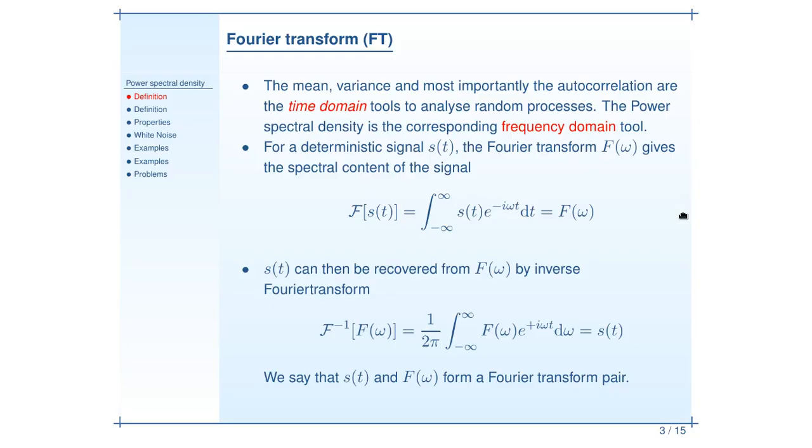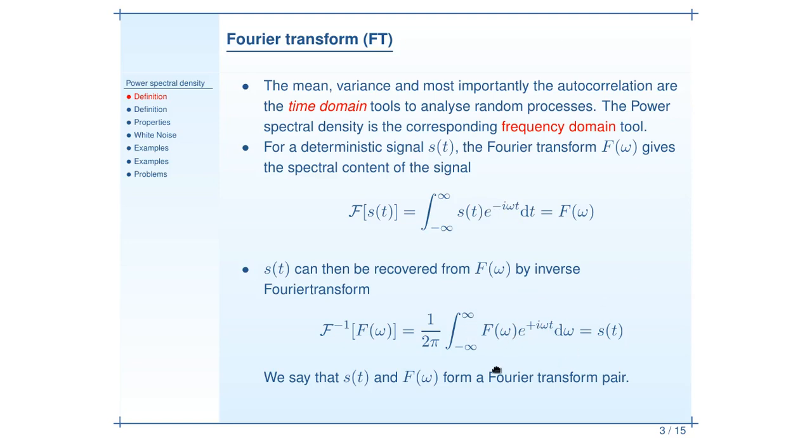Then we can recover the original function s(t) by doing an inverse Fourier transform. That is, if you have the Fourier transform, you multiply it by e raised to plus i omega t. Here it was minus i omega t, but in the inverse Fourier transform it is plus i omega t.